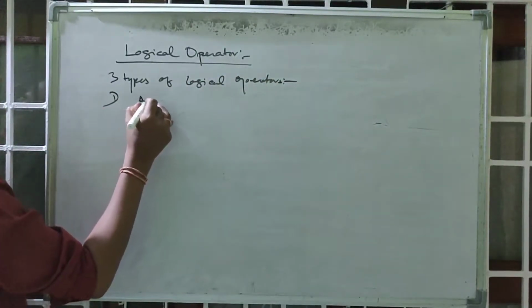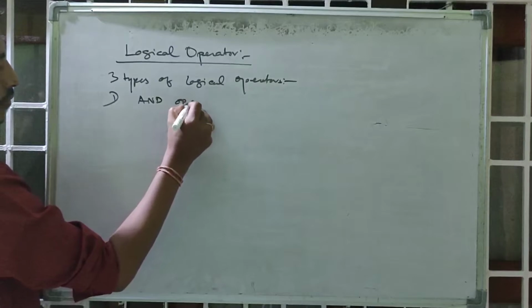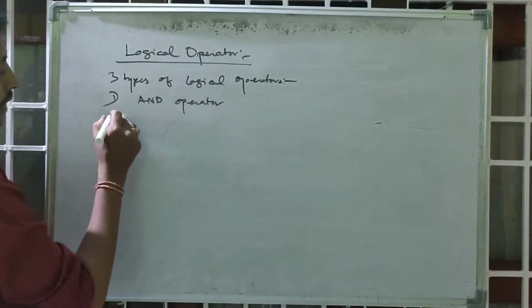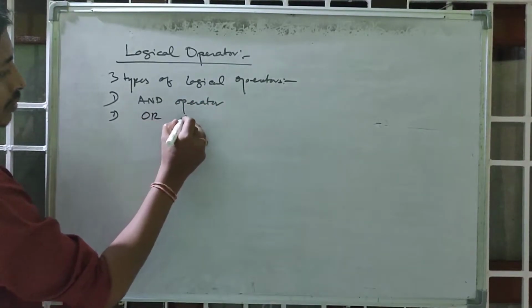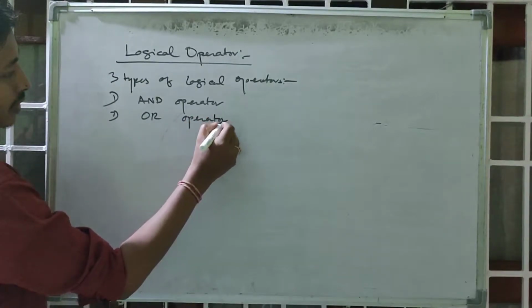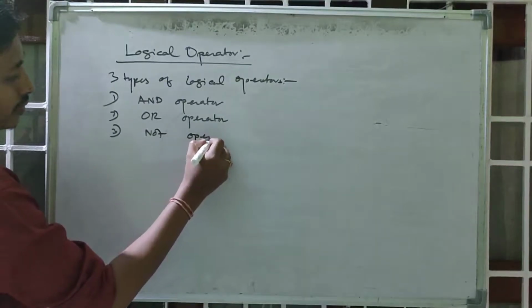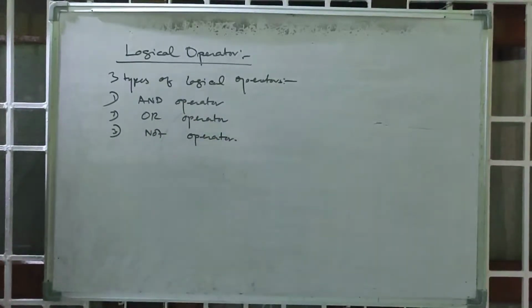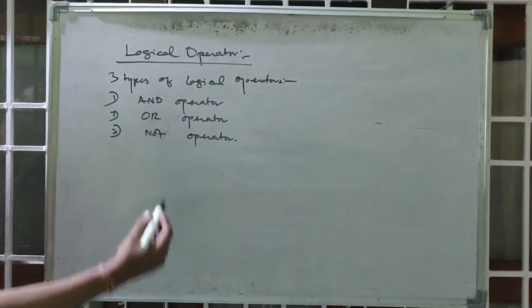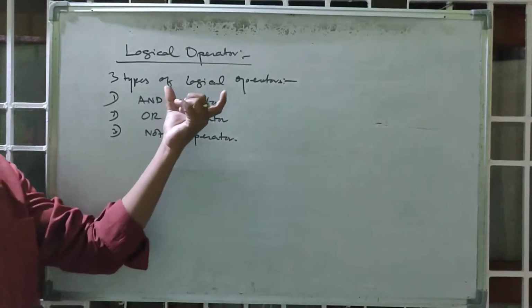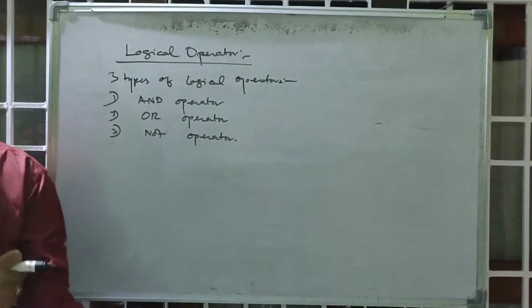First one is the AND operator. Second one is the OR operator. And third one is the NOT operator. These are the three logical operators available in C language.